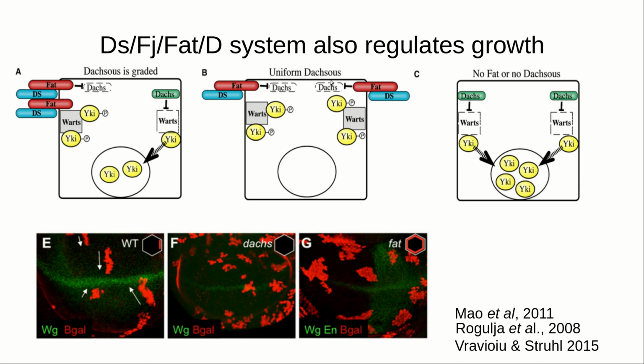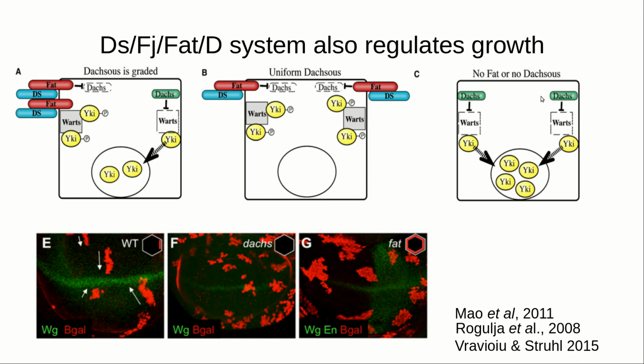If that is not present, maybe because there is not a gradient of Dachsous and Four-jointed, if this gradient is absent, then since Fat is all over in all the cell junctions, that is inactive, and Yorkie gets repressed, gets phosphorylated by Warts kinase and cannot go into the nucleus.